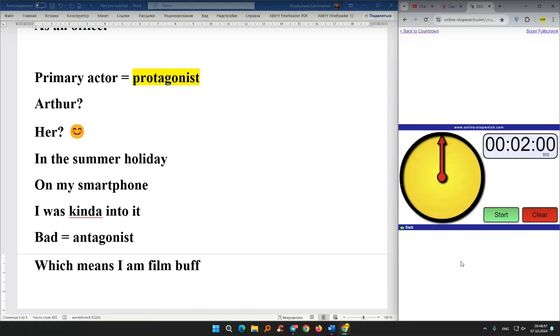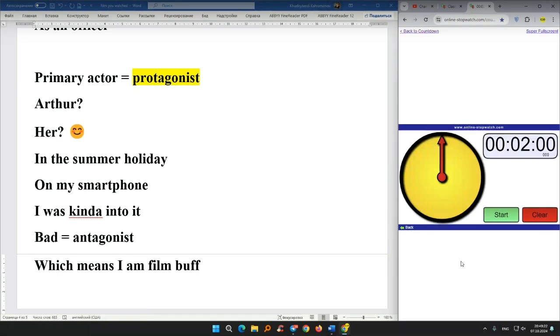And you said I like it, or it's okay to say I like it, but I was kind of into it. Into it means I like it, so they are synonyms, paraphrasing.